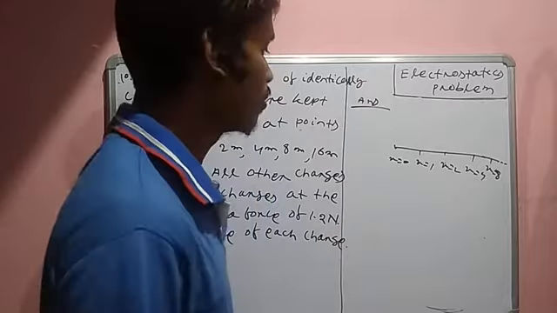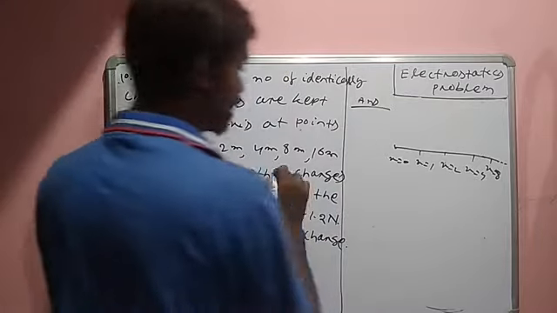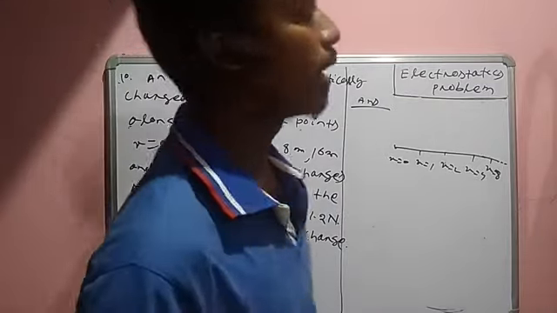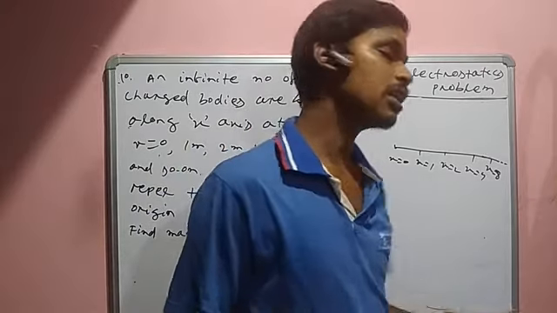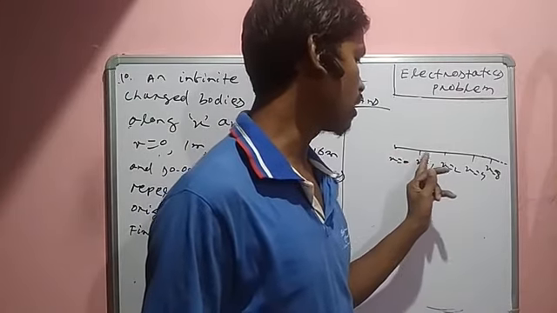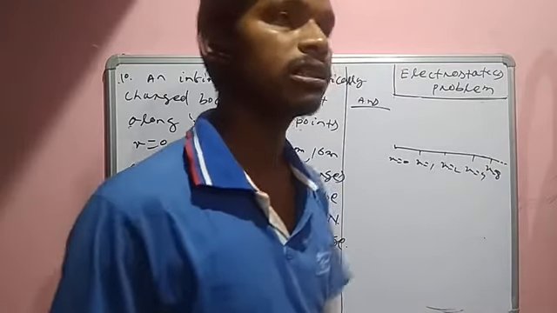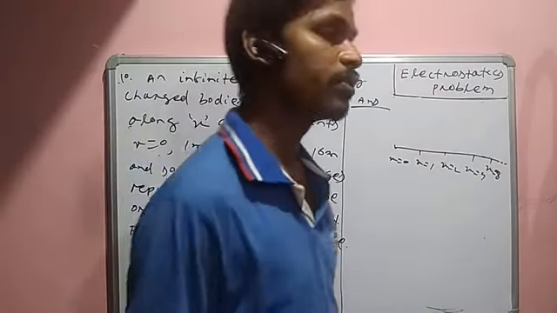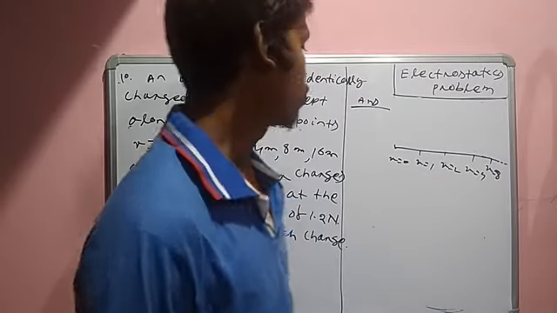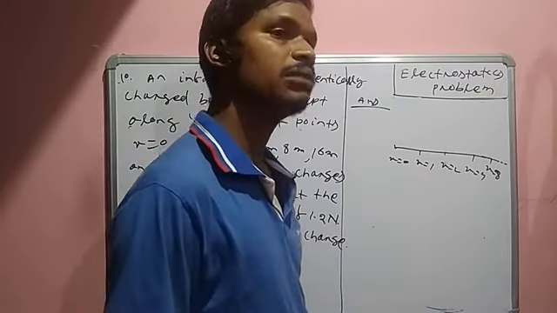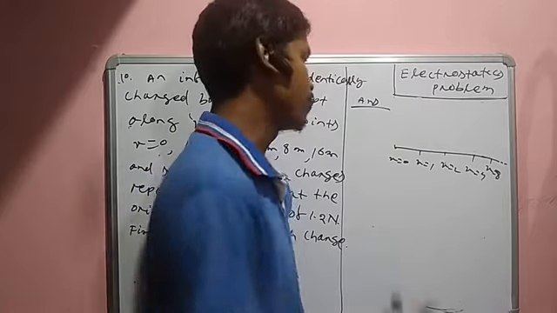The points are available. So here the identical charge is placed at all points: x = 0, x = 1, x = 2, x = 4, x = 8, x = 16, x = 32, etc. Identical charge means similar polarity and the same magnitude.